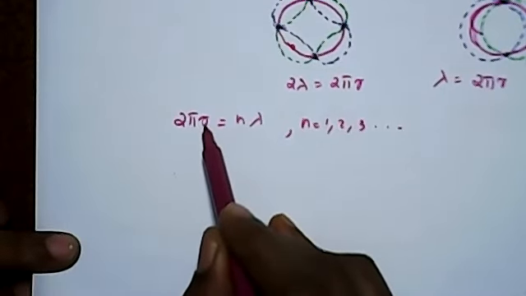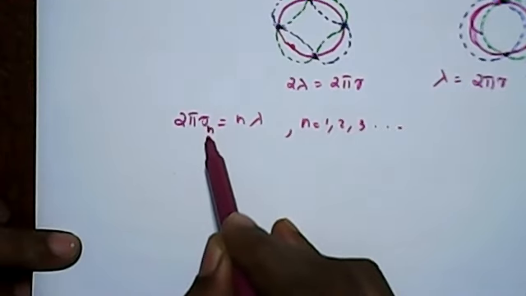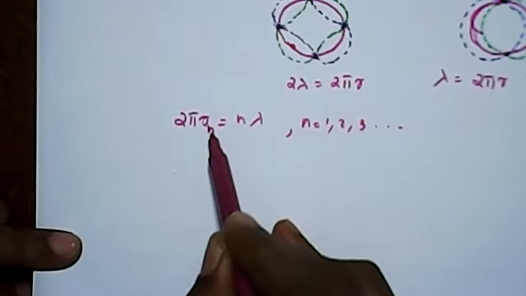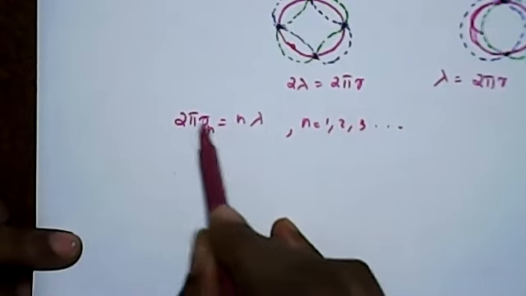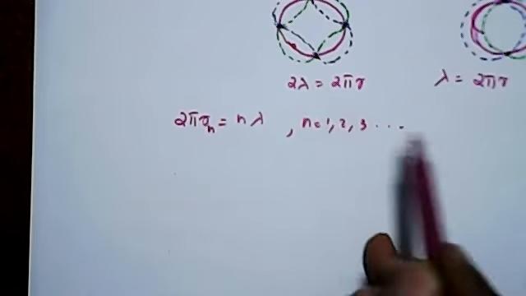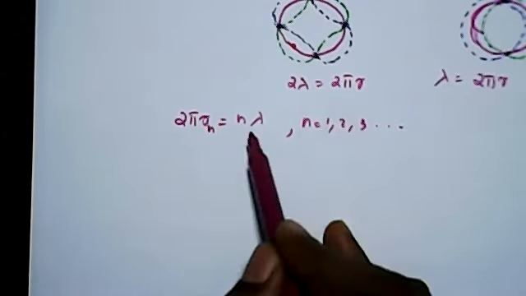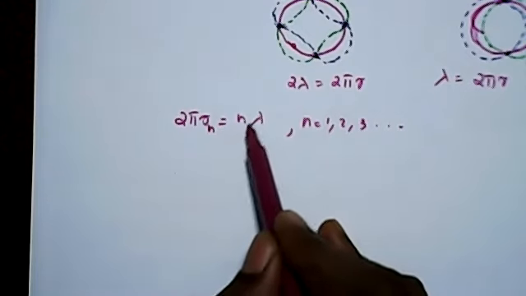Here r you can write as rn, because it is the nth orbit radius. So 2 pi rn equal to n lambda, where n equals 1, 2, 3, etc. Now substitute for lambda in this equation.